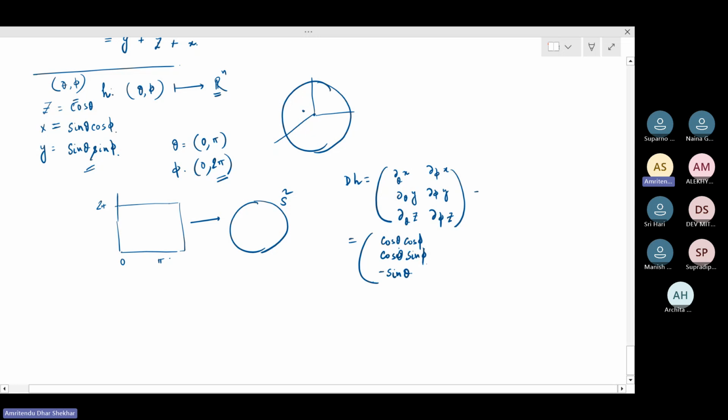Then d phi of x is minus sin theta sin phi, d phi of y is sin theta cos phi, and d phi of z is 0.